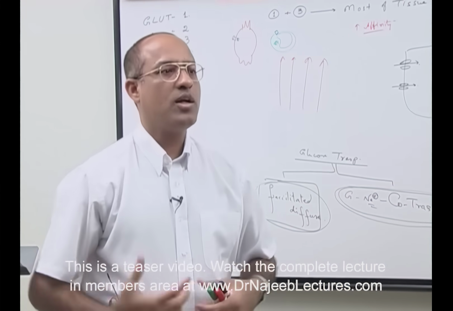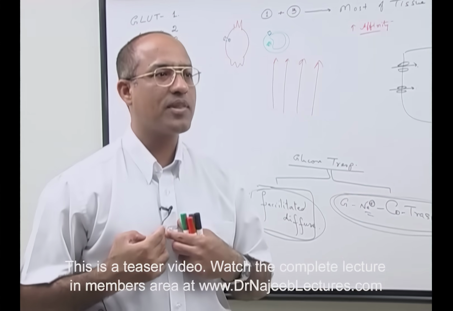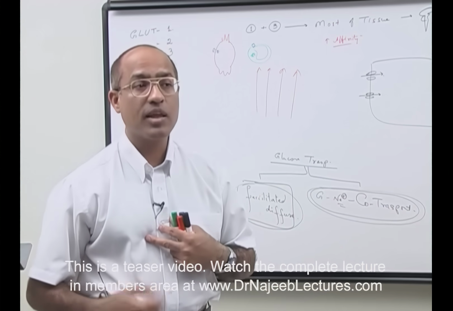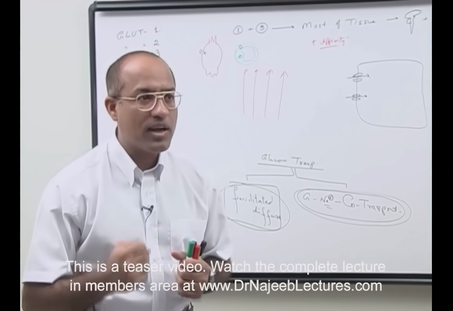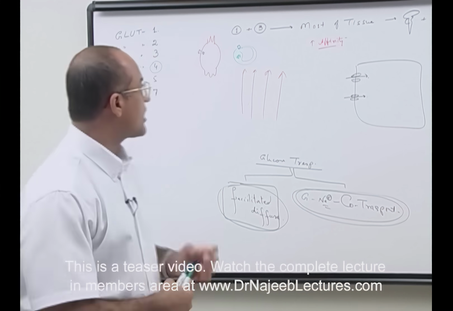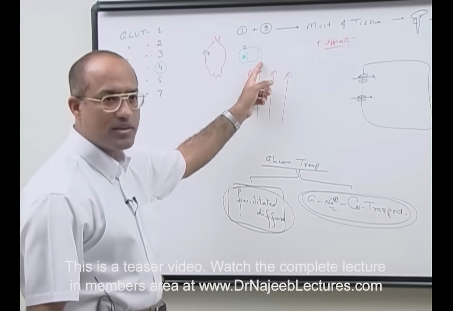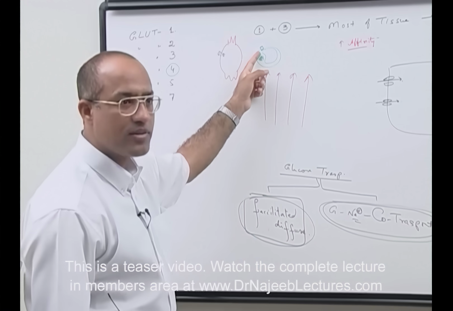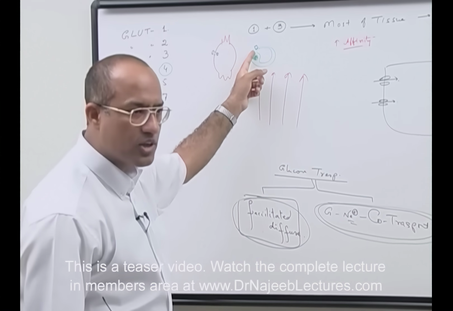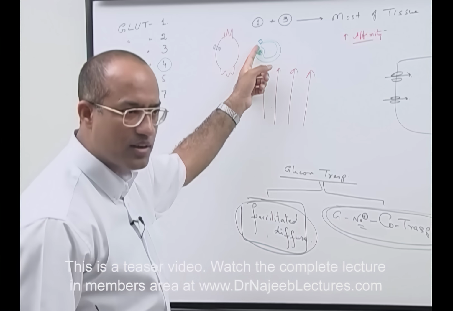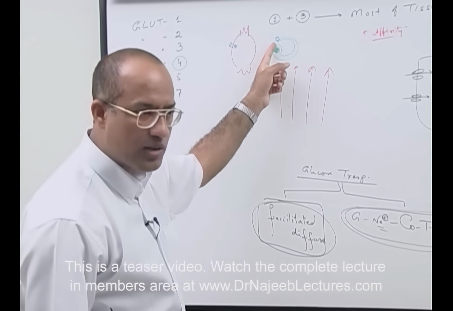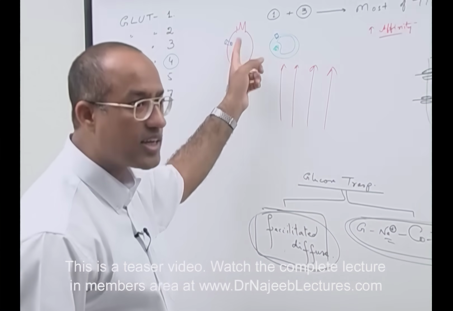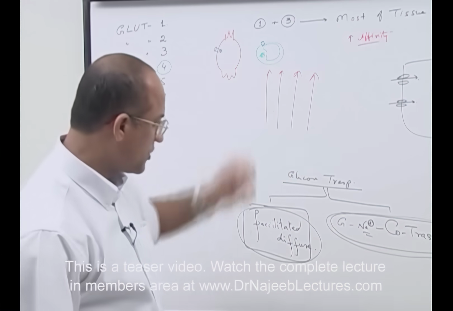When your glucose level is going up, the beta cells of the pancreas will release insulin. Insulin will come and bind with cells of the muscles and with adipocytes and lead to increased expression of glucose transporter 4, so that more glucose is transferred to the muscle cells as well as to the adipose cells.